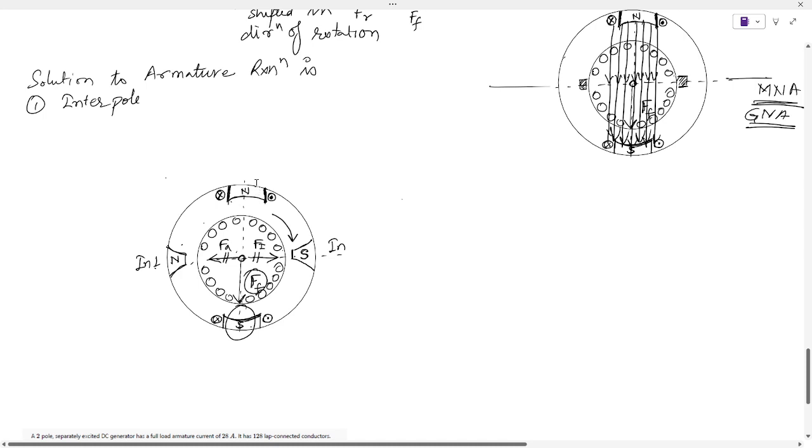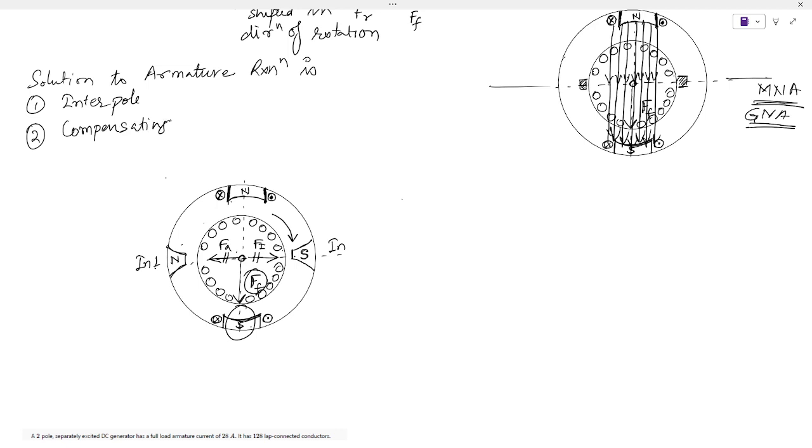Yes, sir. Okay. Now we have another part, that is the compensating winding. This interpole will cause cancellation of flux in the interpolar region only. So how is the compensating winding?